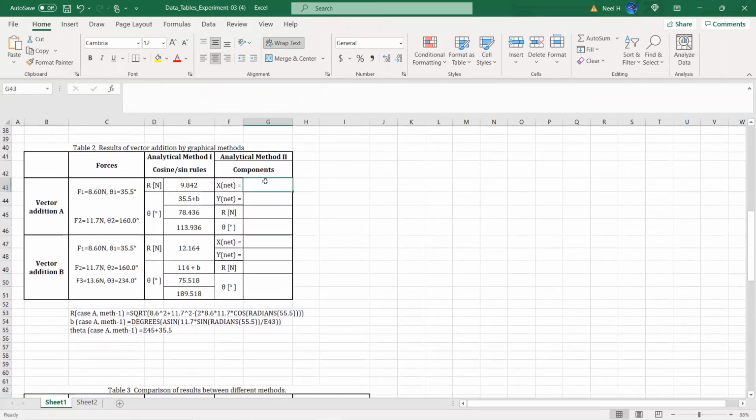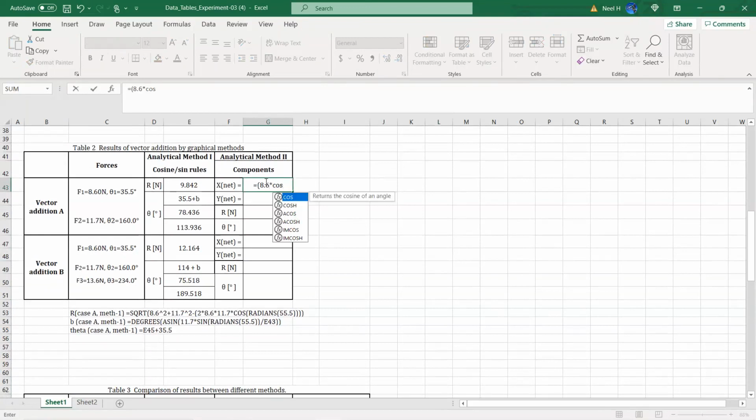Let's do the x by using an Excel function. Now you know x is adding all the x components together. I'm going to use parentheses for case by part. First part, I need the F1 8.6 multiplied by cosine, parentheses, radian, angle 35.5, close bracket for radian, close bracket for cosine, close bracket for the whole thing.